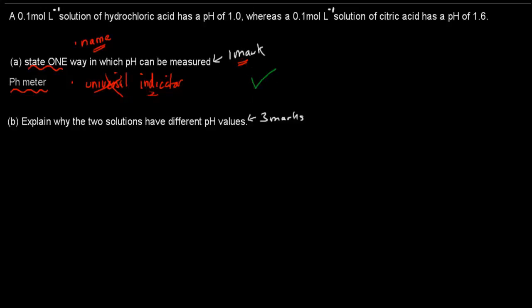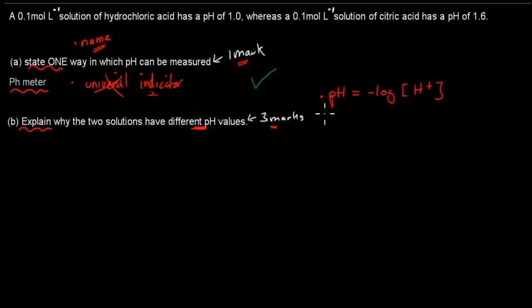And the next one, for B, it says explain. So you need to not only say why they have different pH values, because if you just mention they have different pH values, that won't get you a point because that's already given in the question, but you have to explain why. That's worth 3 marks. So what I do first is I go into what the pH scale actually is, or what pH actually stands for. That's obviously the minus log of the concentration of hydrogen ions.